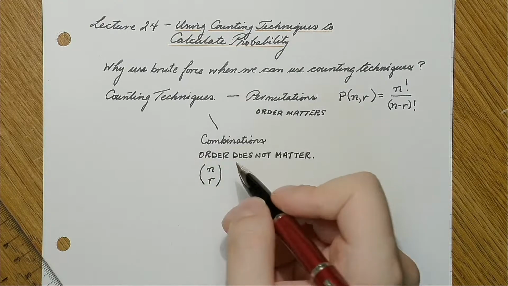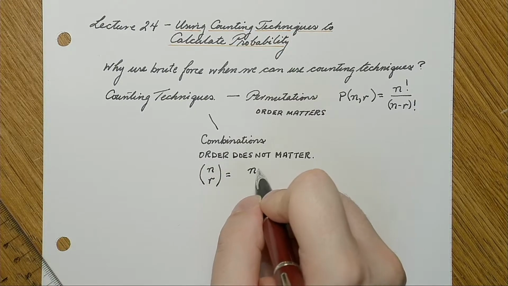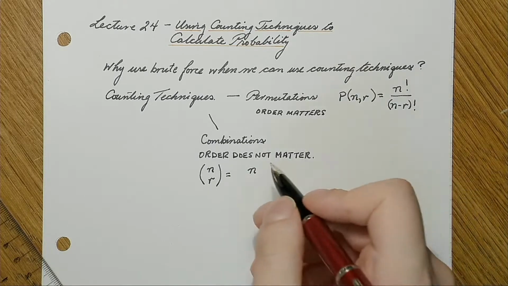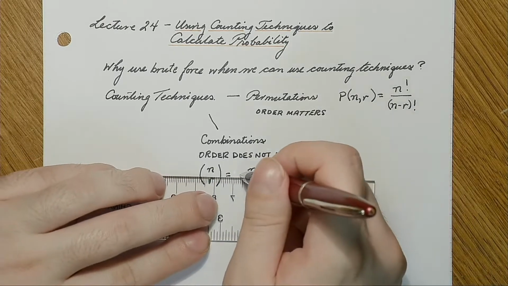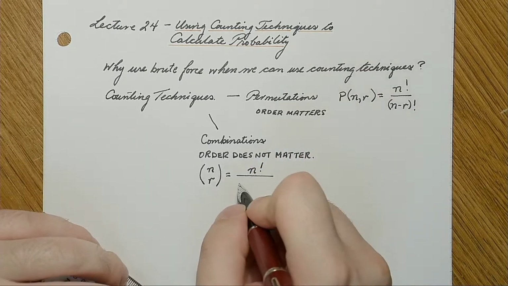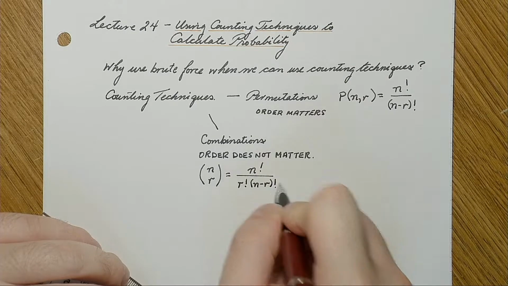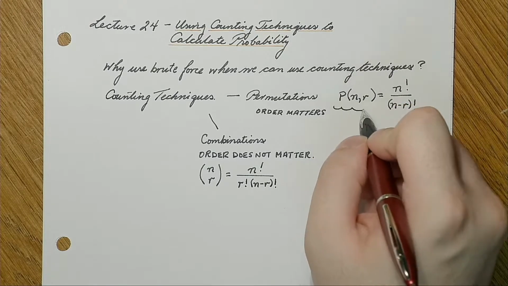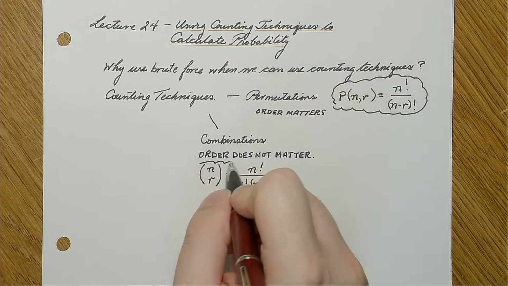And so there's our n choose r. Those are the two main formulas that we have to keep in mind.